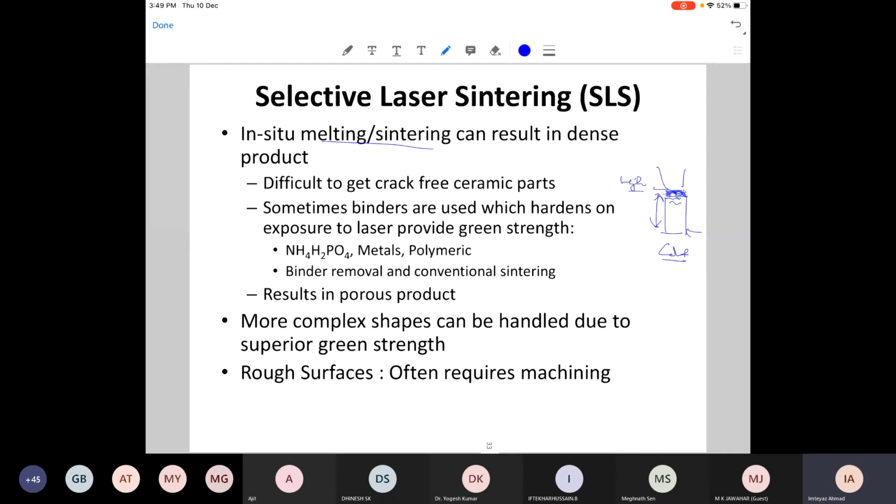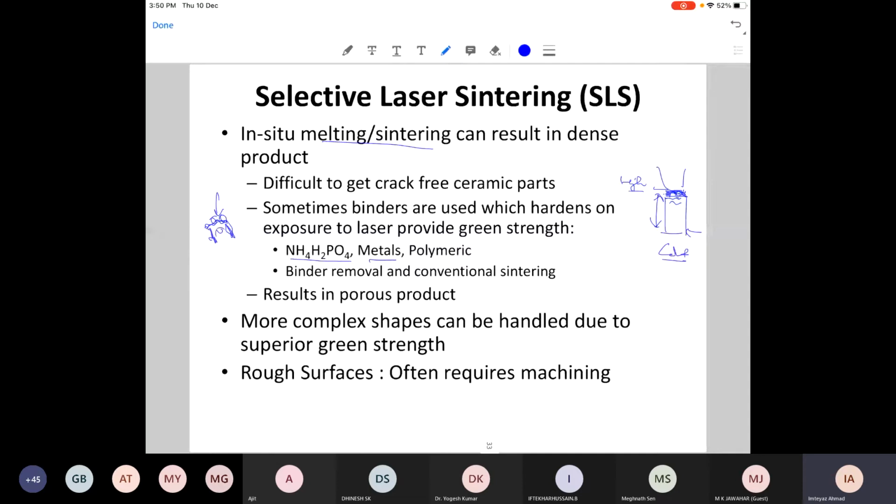Sometimes, to aid this, people add metals or some inorganic binder. But then you again have the nuisance of removal of the binders. And what happens is, if you have powders and you apply the laser and sinter this part, this gets sintered and this gets sintered.